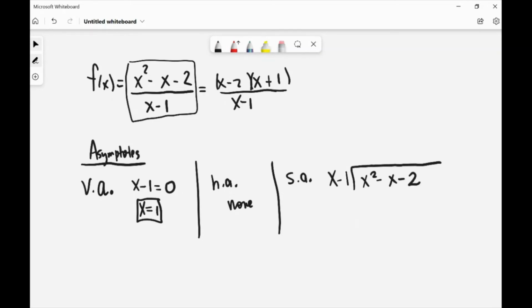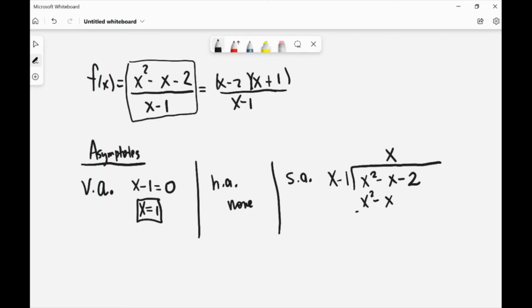X times what is x squared? X. Yep. And we multiply times the divisor. What do we get? Negative 1. No, multiply times the entire divisor. X squared minus x. Yep. That's what you said.